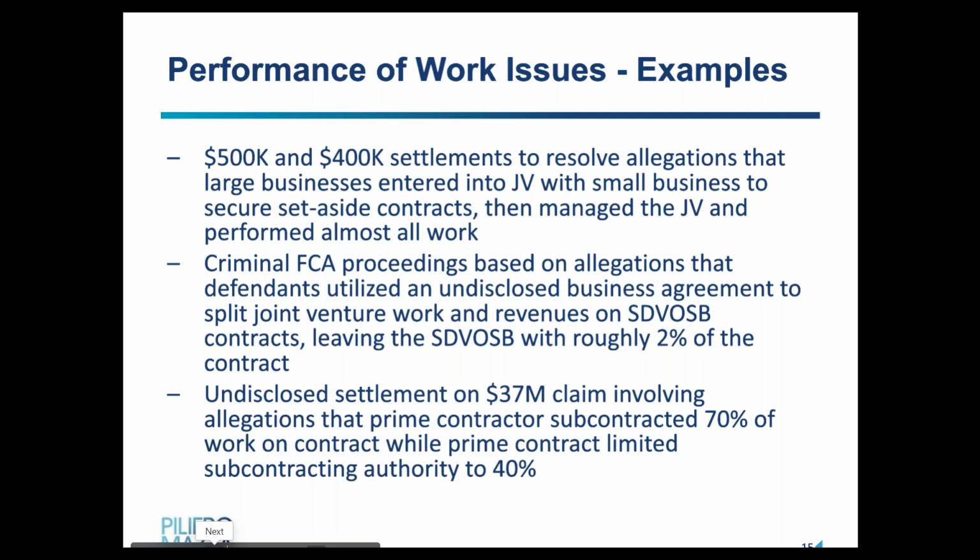So I do want to point out that the issue of performance of work does not necessarily only apply to the small business set-aside world. In this third example here, there is a settlement in a case that related to claims from the government in the amount of $37 million that alleged that the prime contractor subcontracted 70% of the work on the contract when the contract limited them to only subcontracting 40%.